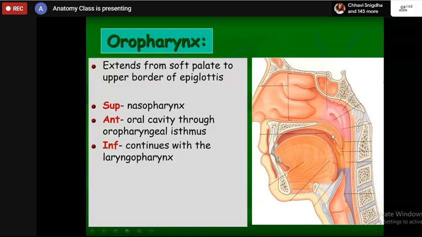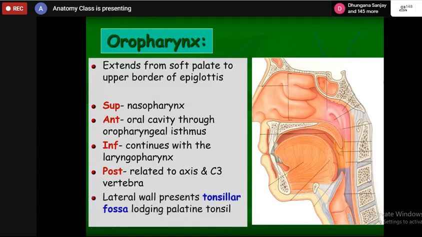We have the oropharyngeal isthmus over here, and it is formed by the palatoglossal arch on either side. Inferiorly is the laryngopharynx.